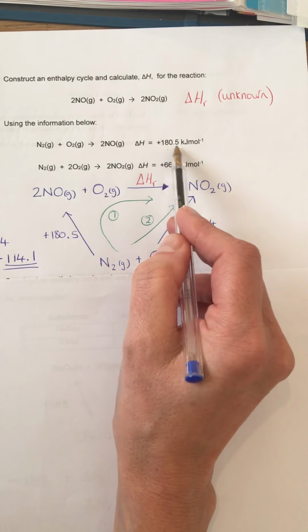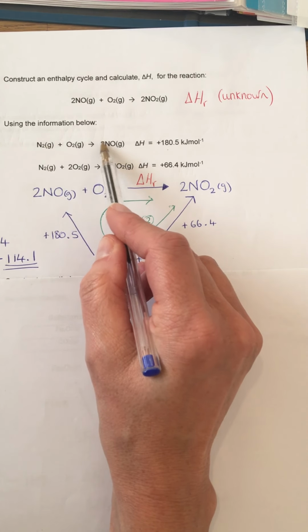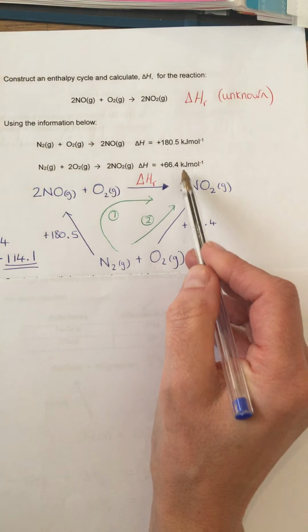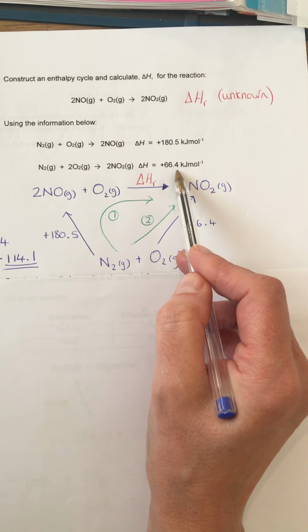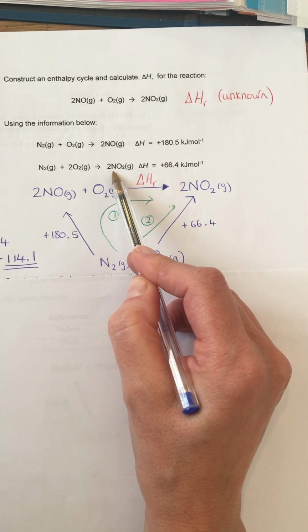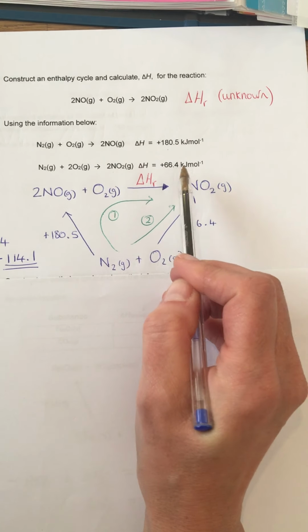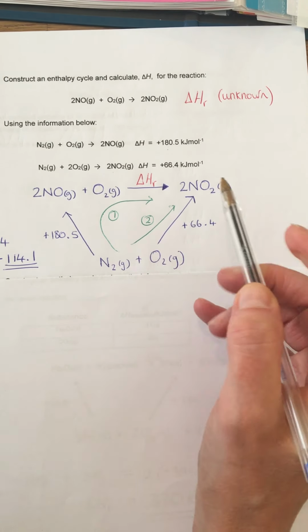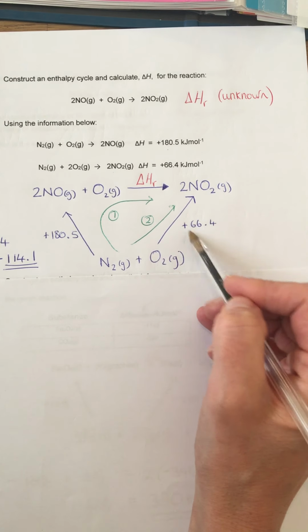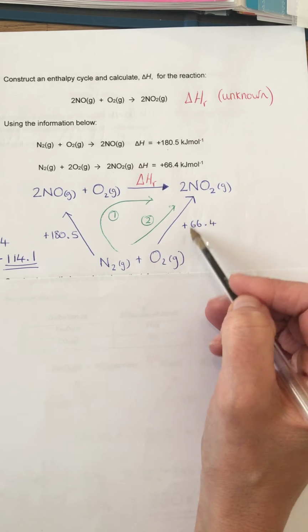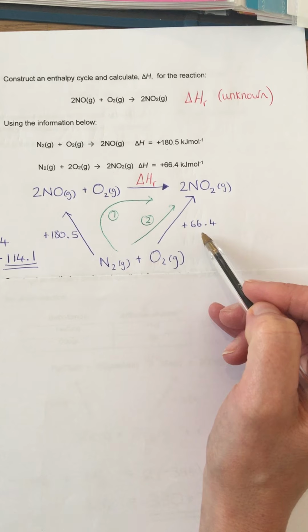Because that value corresponds to that equation and the balancing matches. Same for this one. This 66.4 corresponds to making 2 lots of NO2 because we're told that it does when they wrote that. And that's what we're making here. So no need to do anything different to the number or scale it up or multiply it by anything.